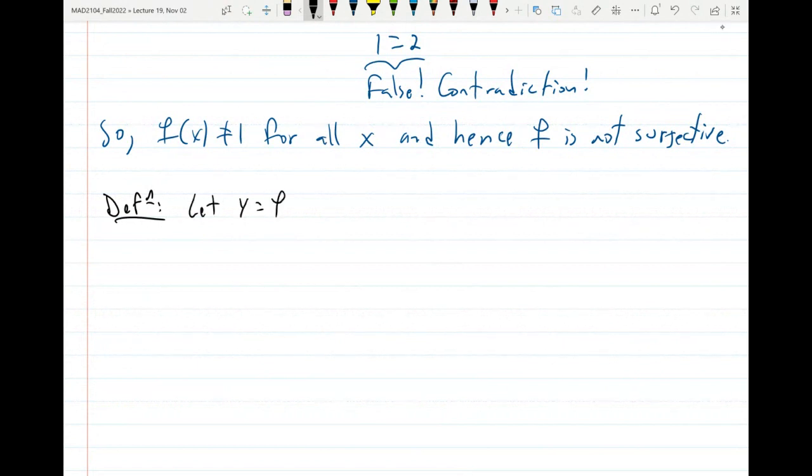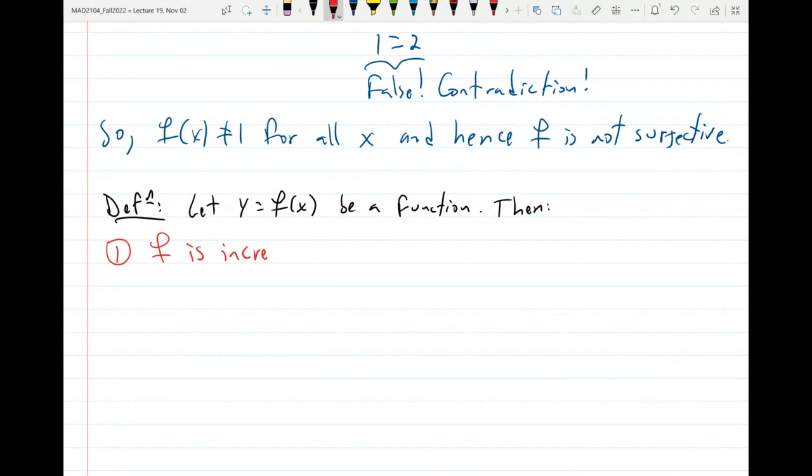Let y equal f of x be a function. And let's say it's from R to R, okay? But it doesn't have to be from R to R. So just take any domain you want, but it has to be a domain in which comparison makes sense, okay? So let y equals f of x be a function, then number 1, f is increasing.